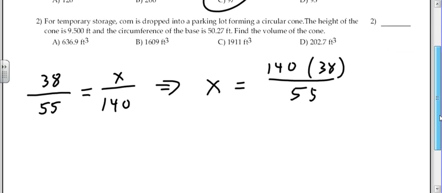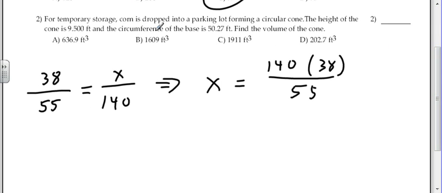Temporary storage. A temporary storage corn is dropped into a parking lot, giving a circular cone. Now, luckily, the back and front covers of your book are usable, and it says the volume of a circular cone is.